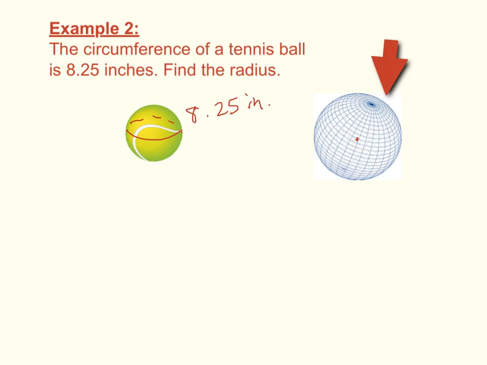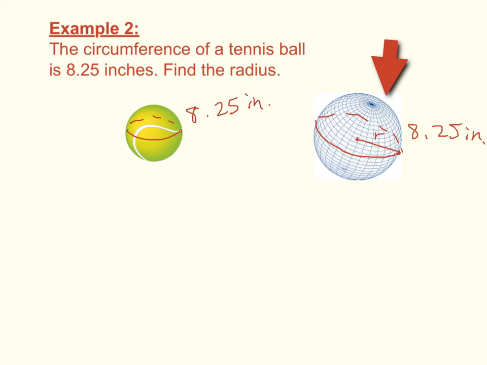Okay, so there's the radius, right there. And our circumference is going to be all the way around the outside. And we know our circumference is 8.25 inches. So just another way to look at it. Okay. We're looking for a radius, so I'm going to name the radius r.